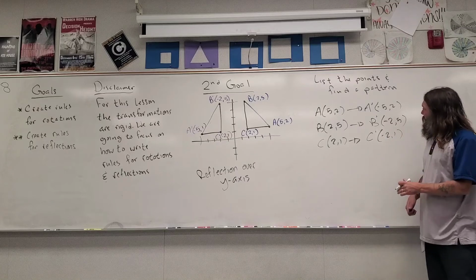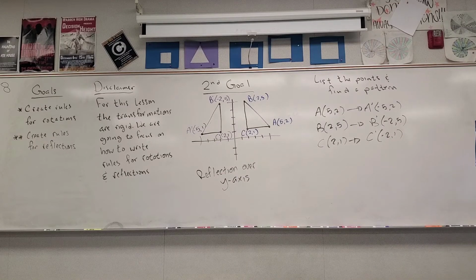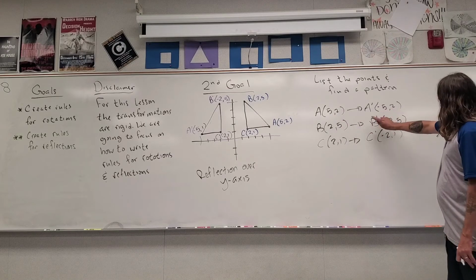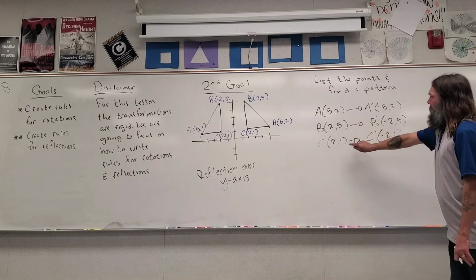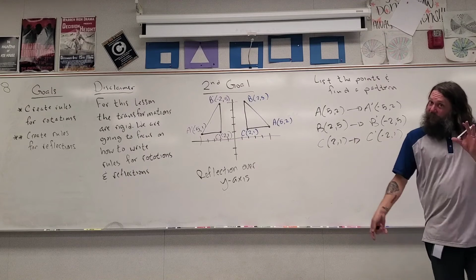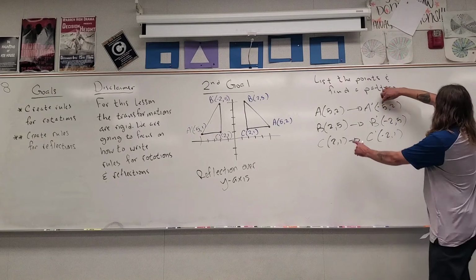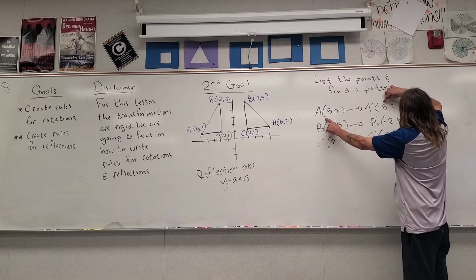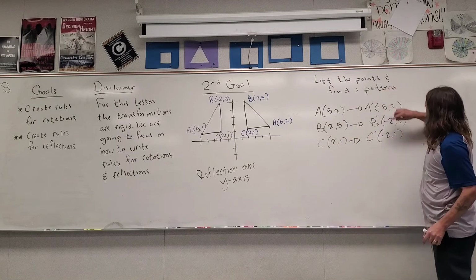All right, and so hopefully from here we can find a pattern. Well, unlike the previous example, the numbers stay in the same order. But what is happening, like the previous problem, is signs are changing. So it looks like the value of my x is going from a positive to a negative.